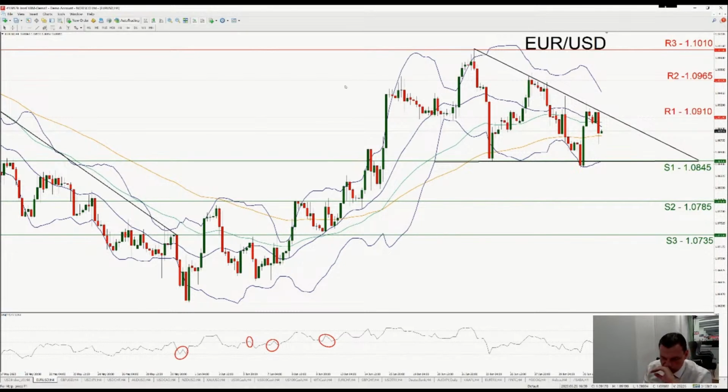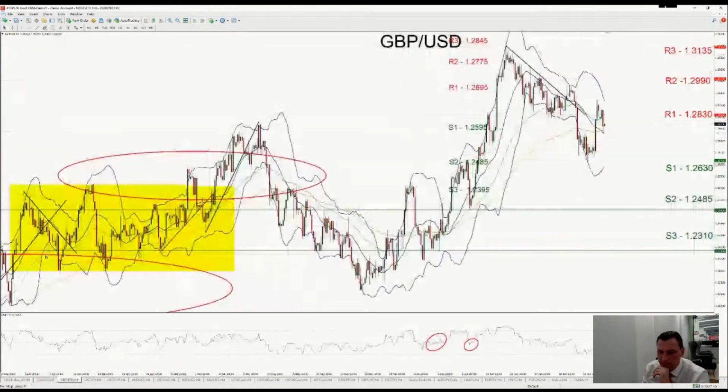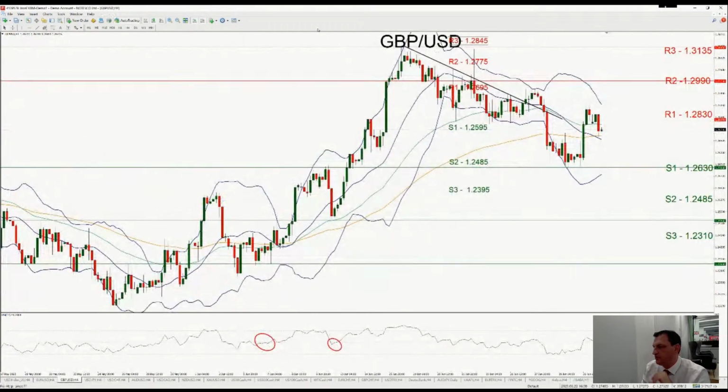Okay. Let's have a look at cable, GBP USD. Very, very similar picture.